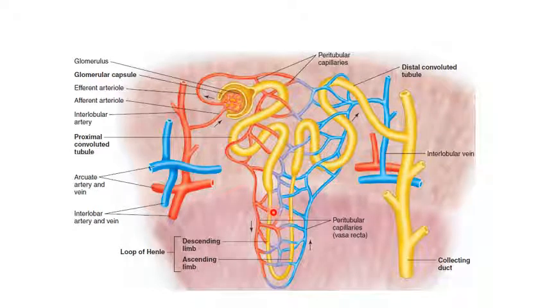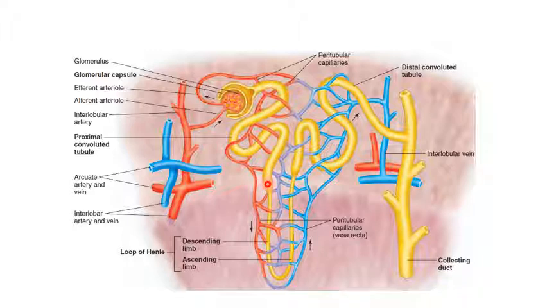On the other hand, the peritubular capillaries, which surround the renal tubules, have very low blood pressure. The average pressure of blood in peritubular capillaries is only 13 millimeters of mercury, and therefore these capillaries are responsible for reabsorption.